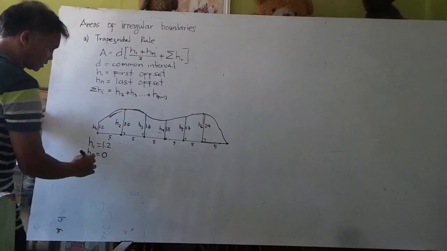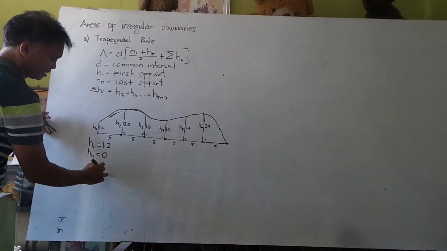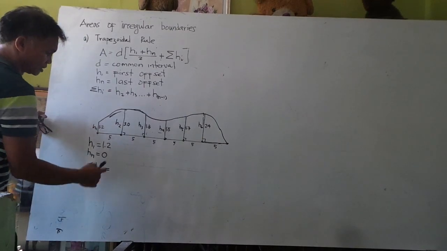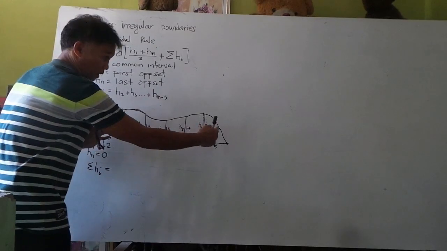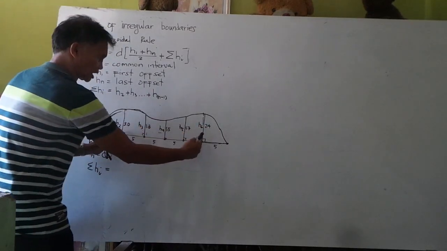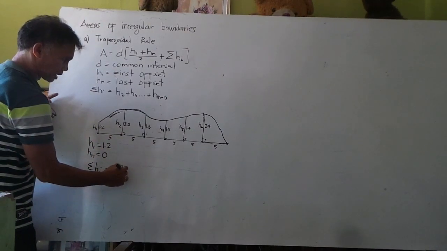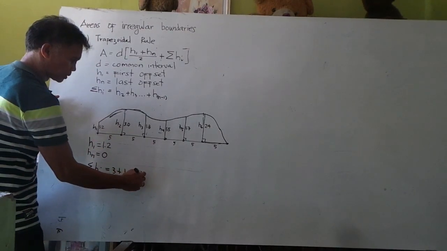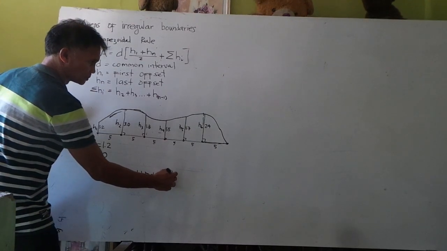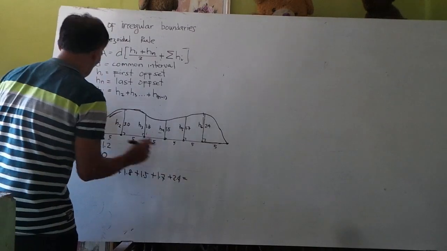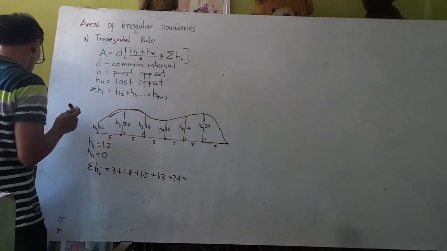So the summation of the offsets in between the first and the last is 3 plus 1.8 plus 1.5 plus 1.7 plus 2.4, which is equivalent to 10.4.